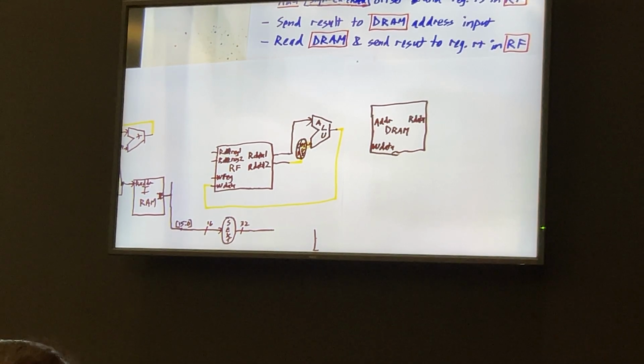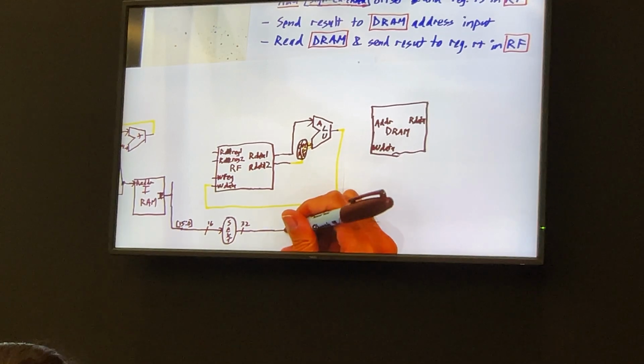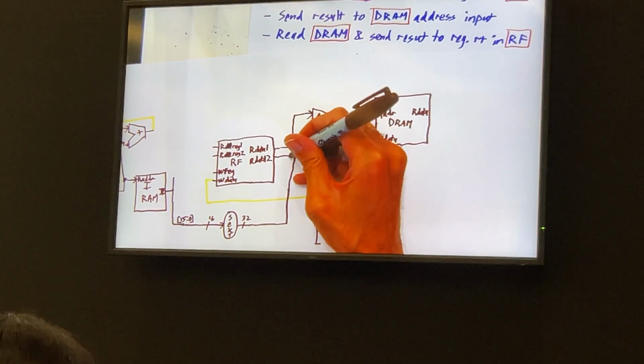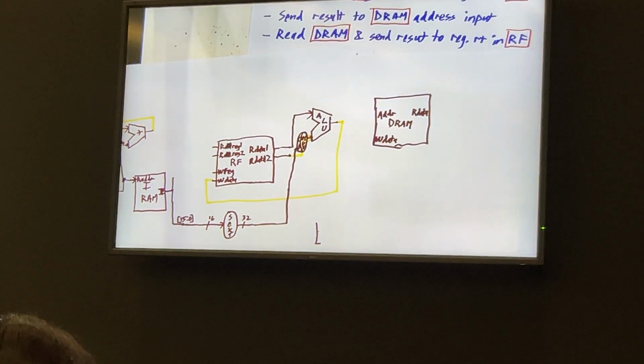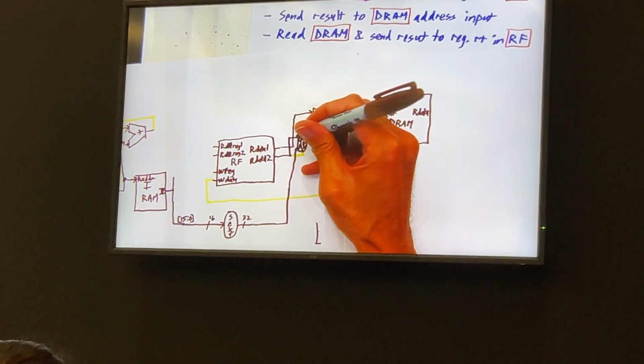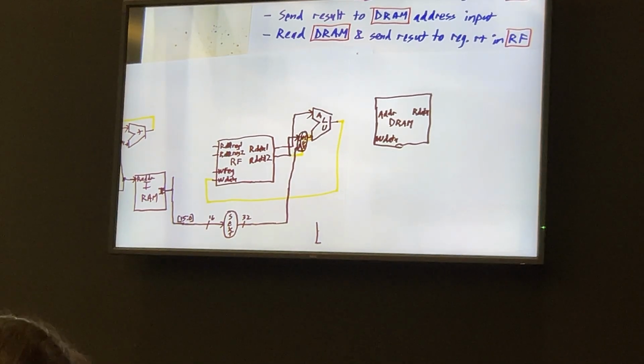This is going to go into the 1 input of the mux. And what used to be coming out of there is going to be going to the 0 input of the mux.